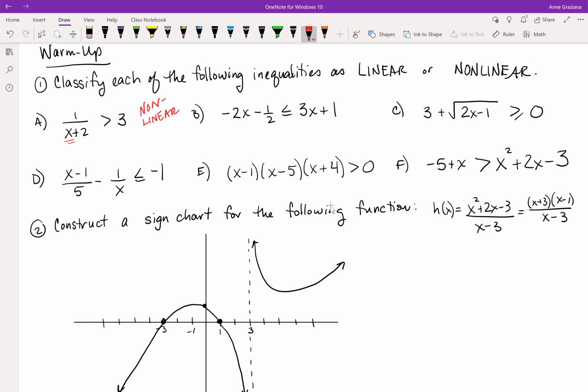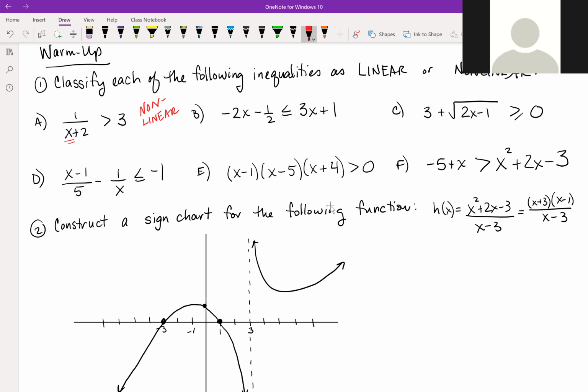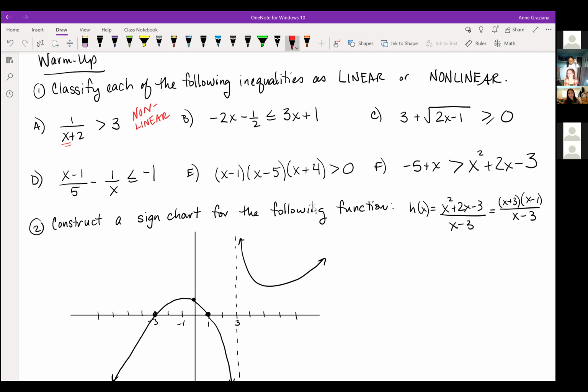Thumbs up if you think this is nonlinear. Very good. Yes, this is linear.